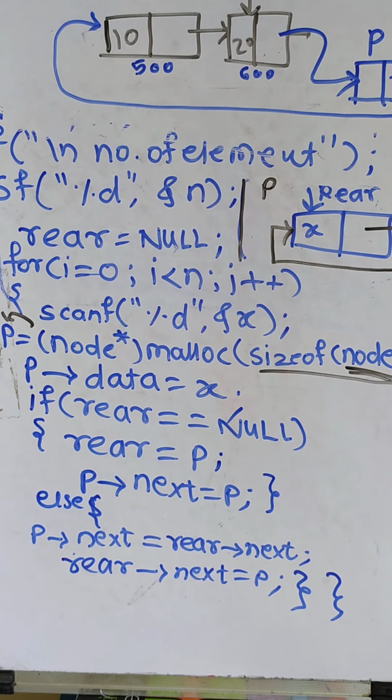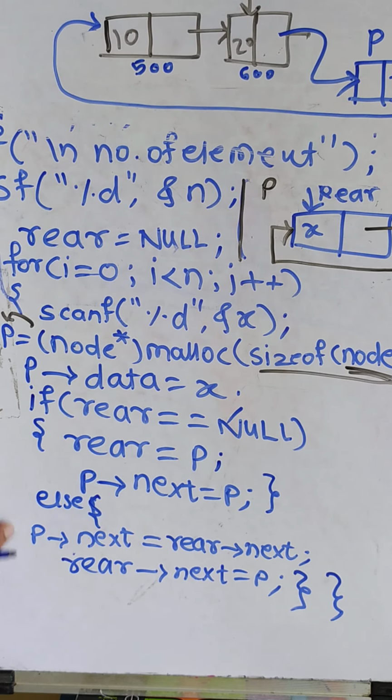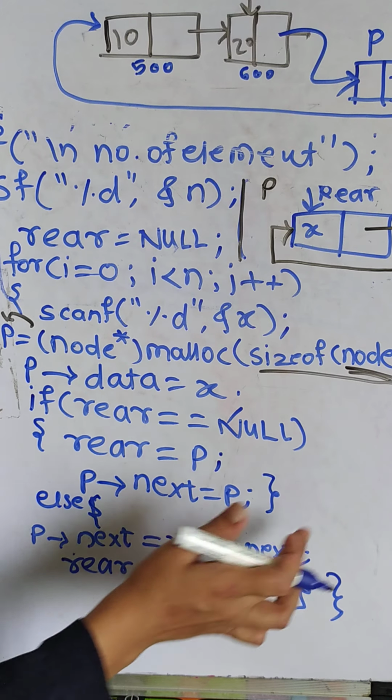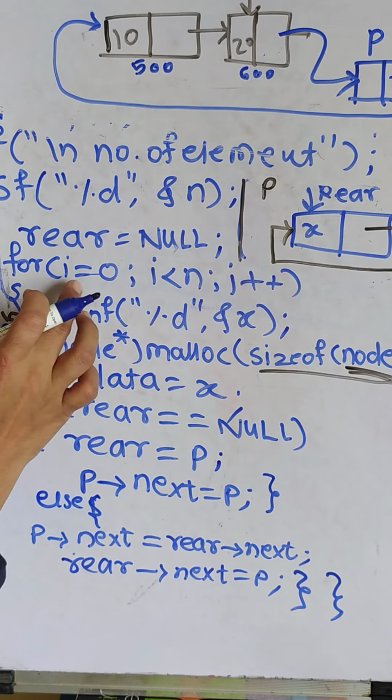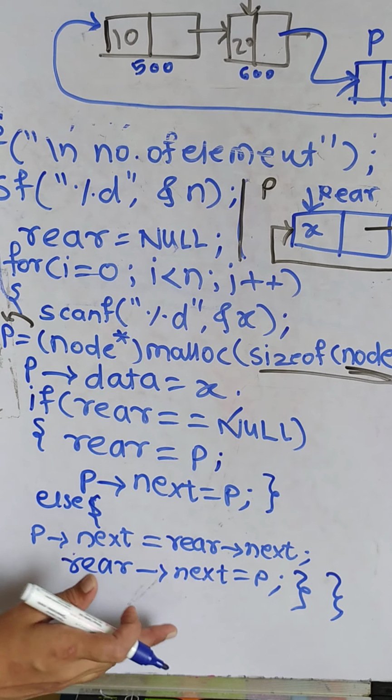Suppose you want to add more nodes, the third, fourth, and n number of nodes, you need to repeat this procedure again. See, this is for only the first node, and after this, the else part: add one node, then again go here and increment the counter, and again you can add n number of nodes here.